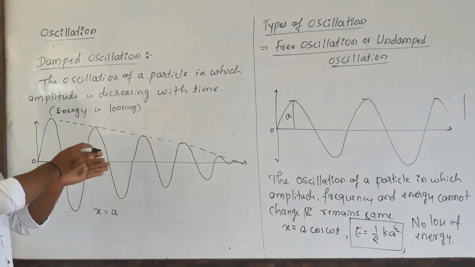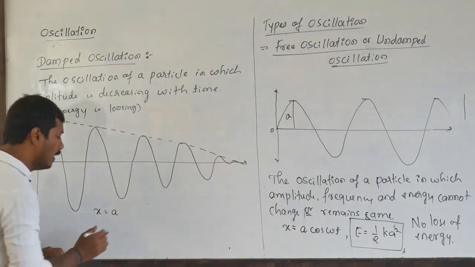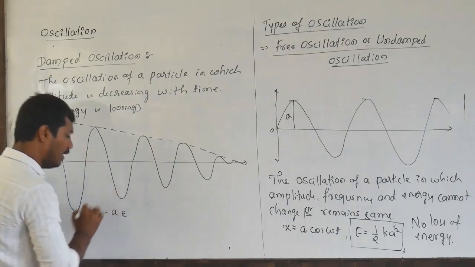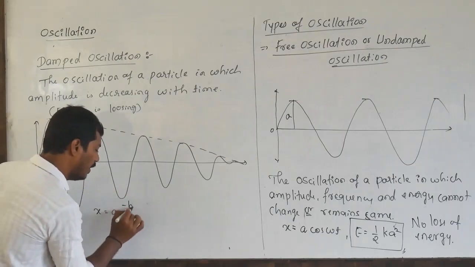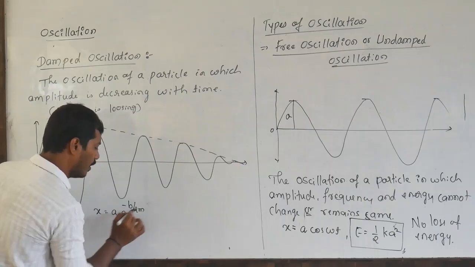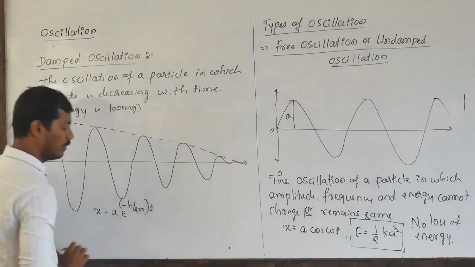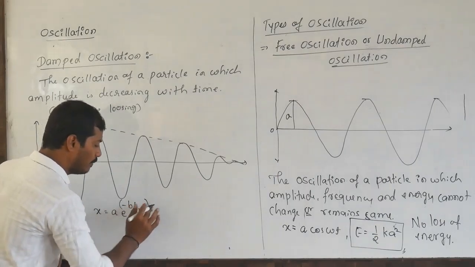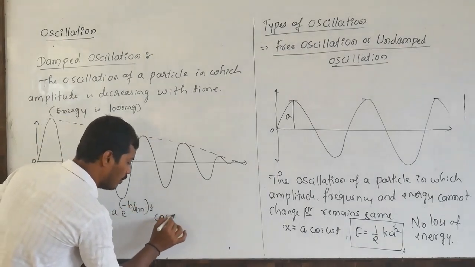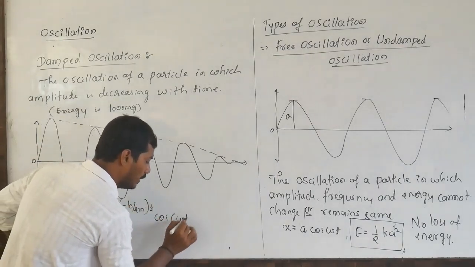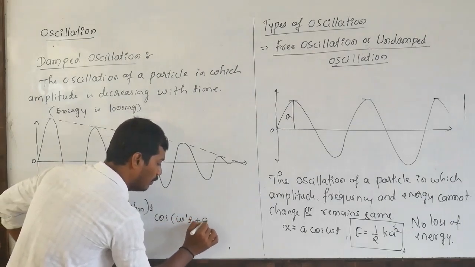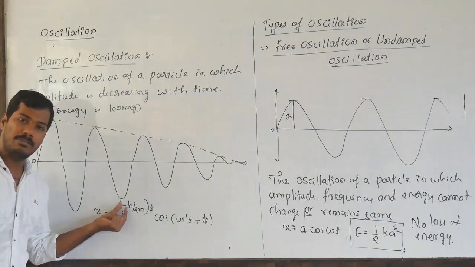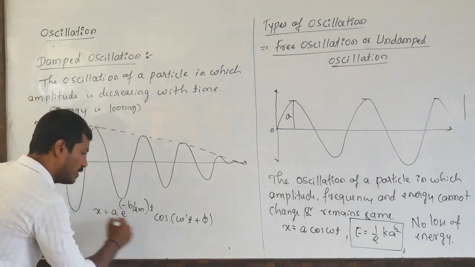How much is it decreased? That is some exponential, which is e to the power minus b divided by 2m into t, into cos of omega dash into t plus some phase. Here minus b by 2m is one general form.